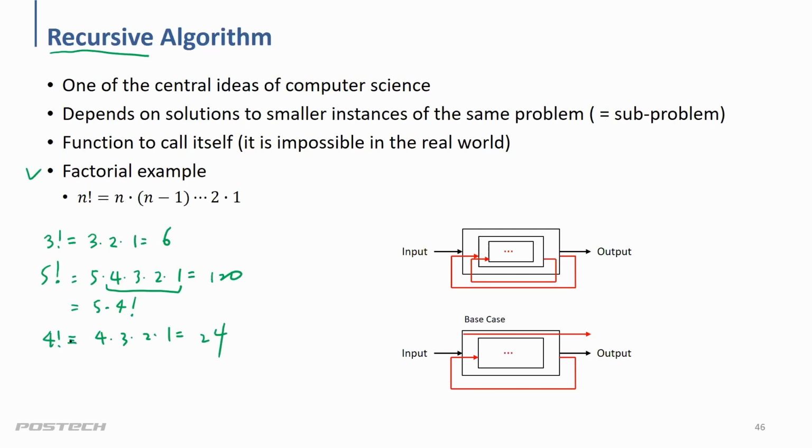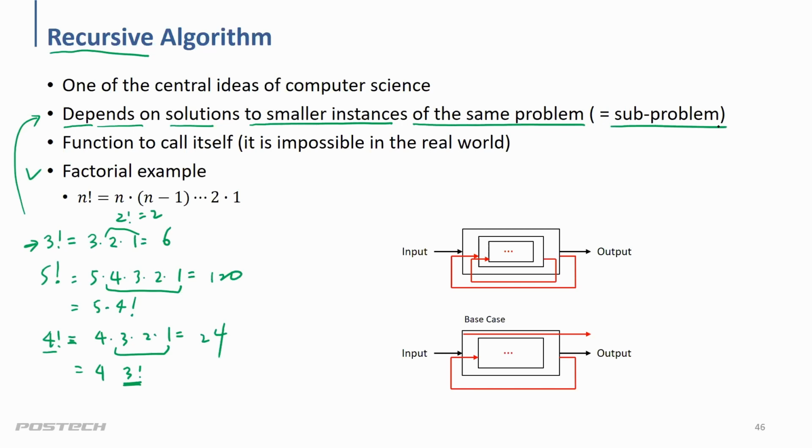In order to compute 4 factorial, we need 3 factorial, and we already computed this. For that, this one is 2 factorial, and we know that is 2. So going back to the second bullet point, it depends on the solution to a smaller instance of the same problem. I'm gonna call it a sub-problem.